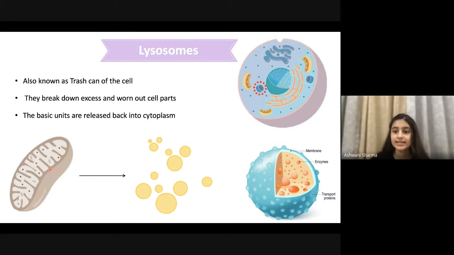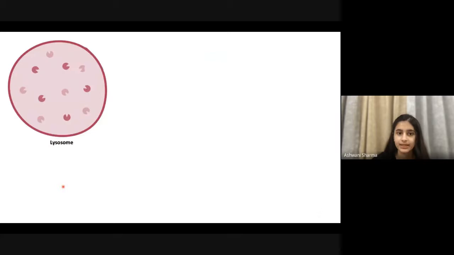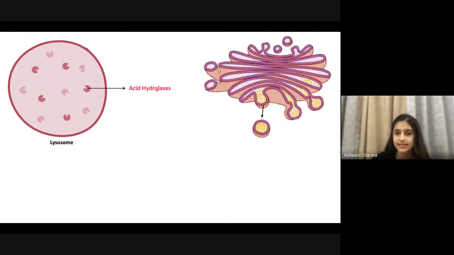So how do these lysosomes actually break down all these things? They have specific enzymes inside them called acid hydrolases. These acid hydrolases are formed in the Golgi apparatus itself, and they bud off from the Golgi apparatus into a specific vesicle, which is the lysosome. These acid hydrolases only function in an acidic environment.